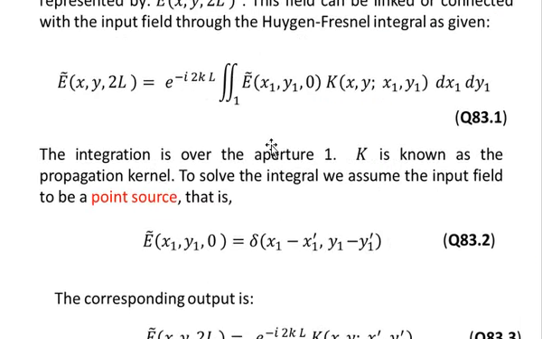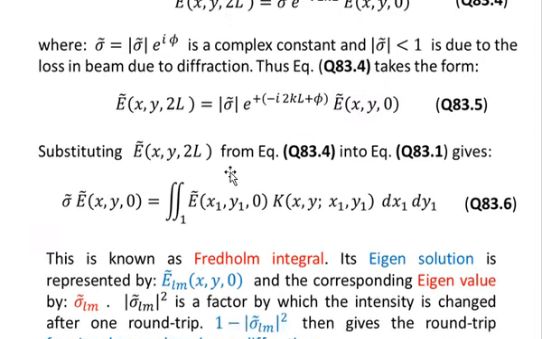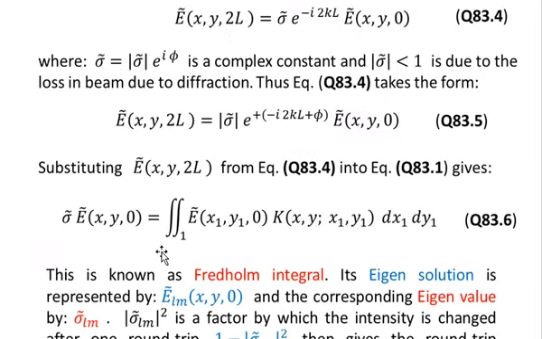But we are using equation number 4 in equation number 1. So this is our equation number 1, and on the left hand side we have E prime of x, y, 2L. We are replacing this E prime of x, y, 2L with the value from equation number 4. And then after simplification we get equation number 6. On the left hand side we have sigma prime into E prime of x, y, 0, and on the right hand side we have the integral evaluated over the surface 1 of the plane z equal to 0.